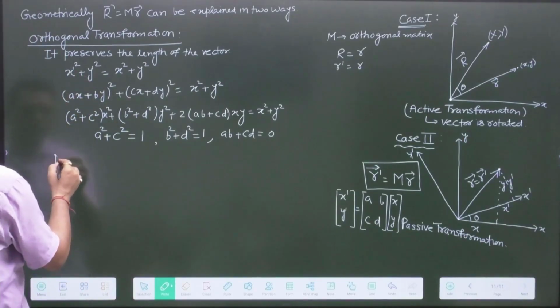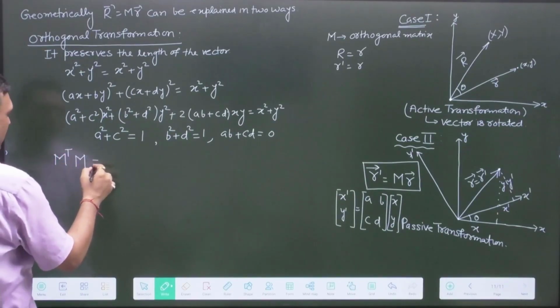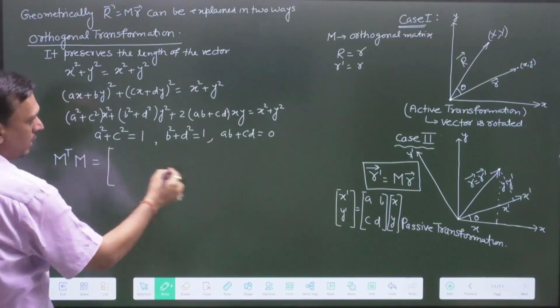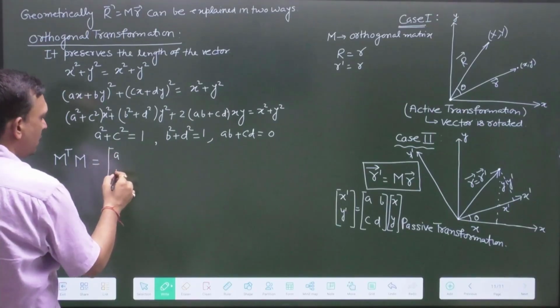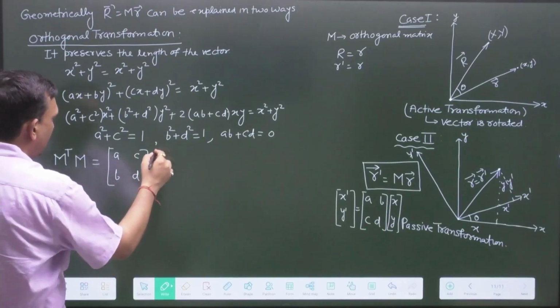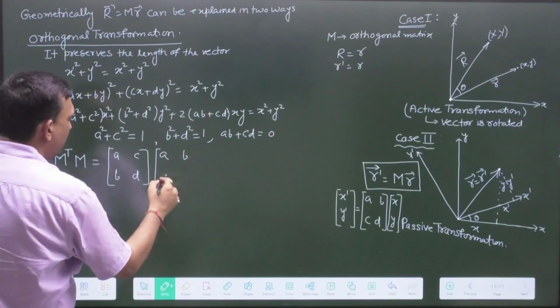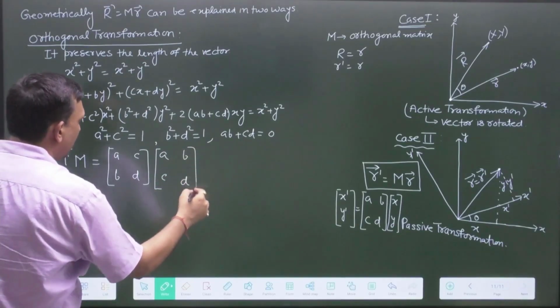What will be M transpose M? M transpose is given by this, A, C, B, D, and the M matrix is A, B, C, D. Let's multiply it.